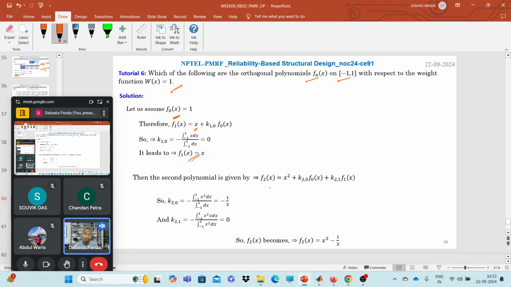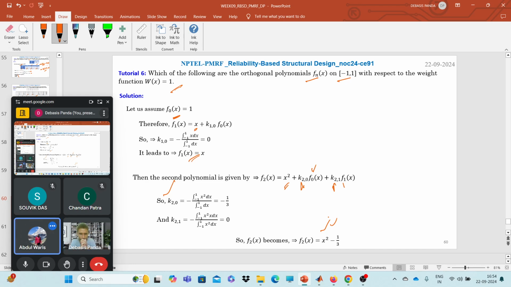Now for the second polynomial, the leading term will be x squared, then k20 and k21 are the coefficients. Now solve it: k20 has x squared in the numerator and the integral of x dx gives 1/3, k21 will give you this, and finally this. So, clear? Just go through it and you will get it.